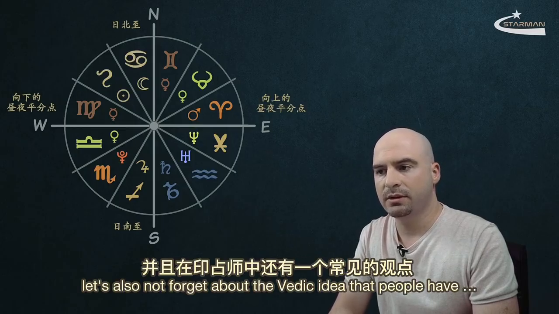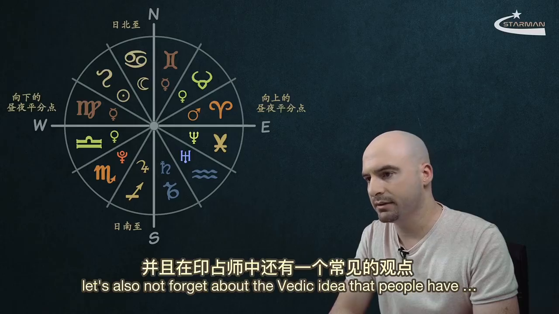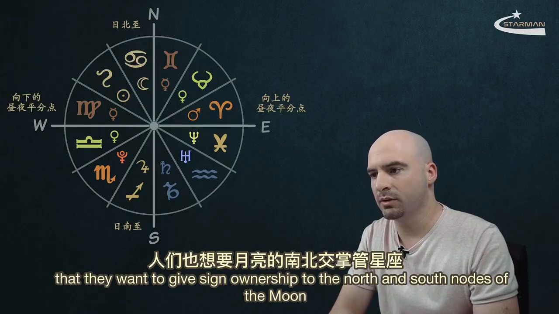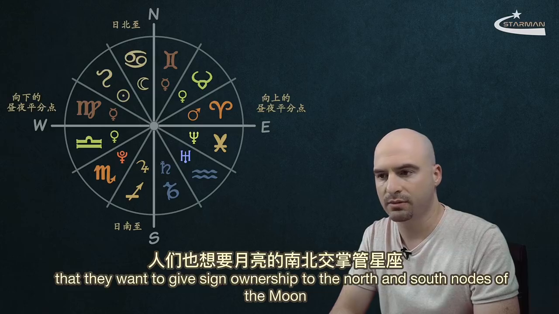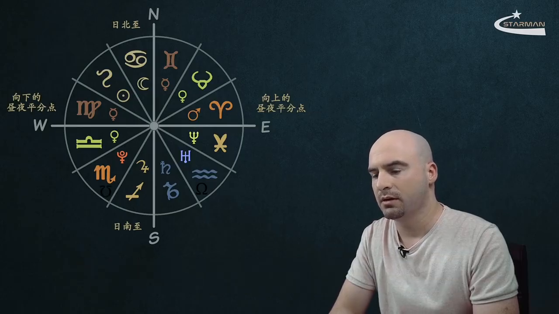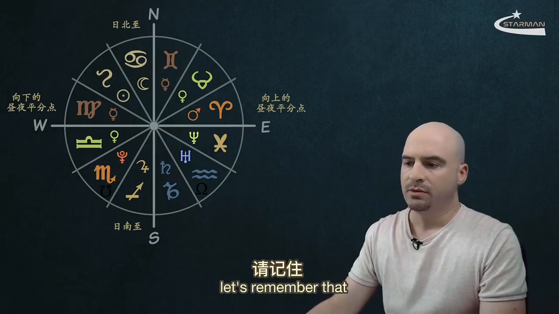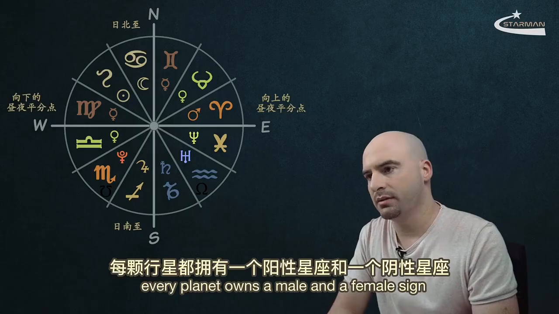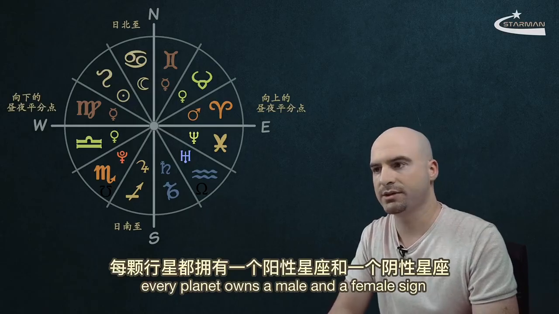Let's also not forget about the Vedic idea that people have, that they want to give sign ownership to the north and south nodes of the moon, right? And so now let's also put Rahu in Aquarius and Ketu in Scorpio. Let's remember that every planet owns a male and a female sign, right?